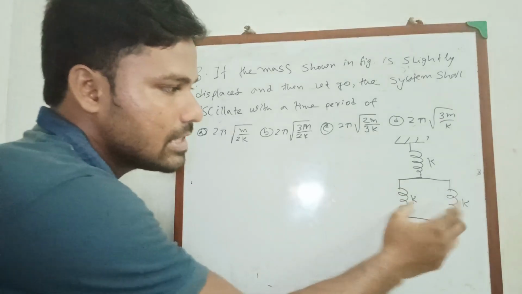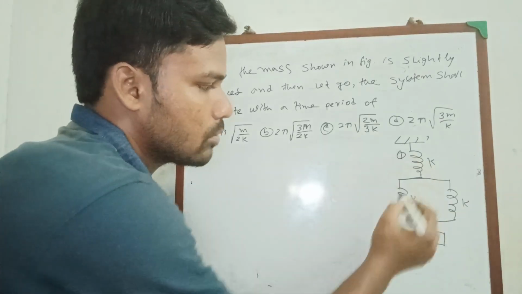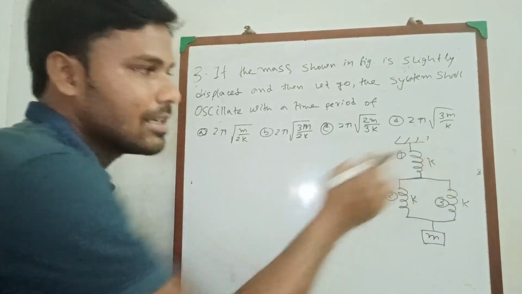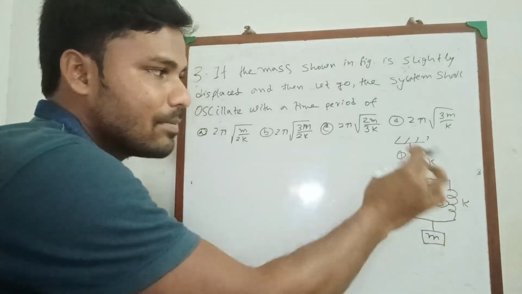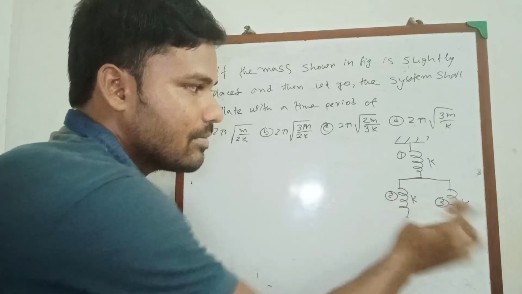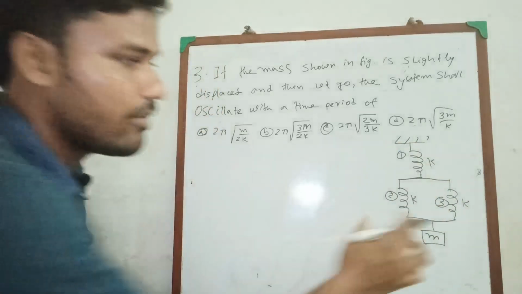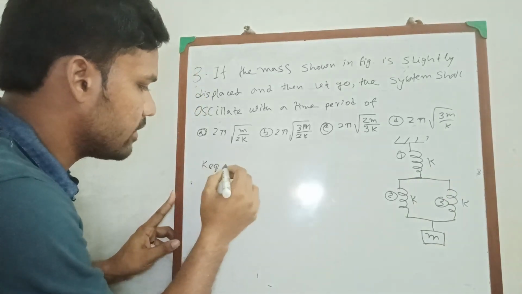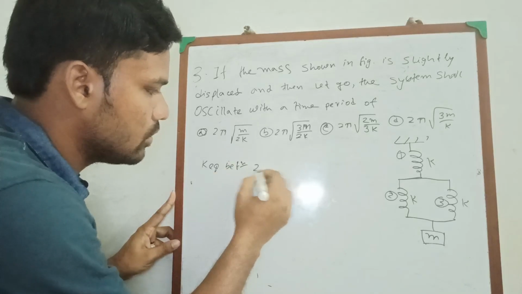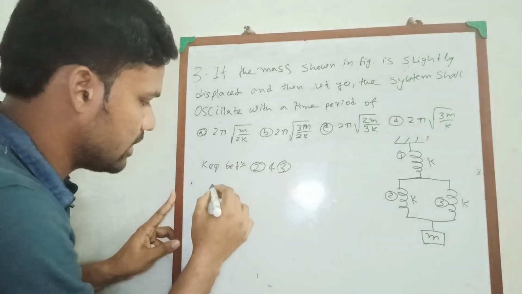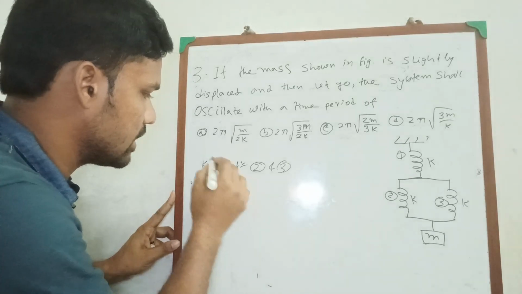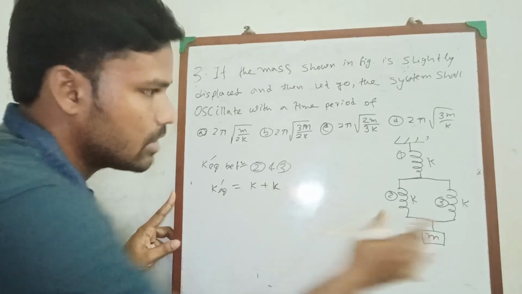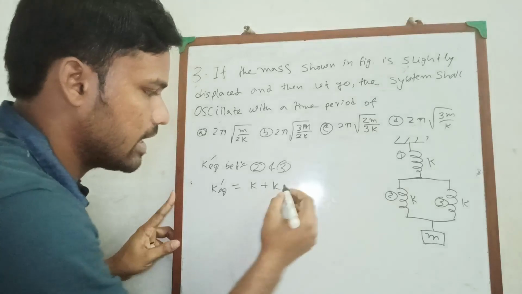Suppose these springs are 1, 2 and 3. Springs 2 and 3 are in parallel, and spring 1 and this system are in series. So first calculate the equivalent of 2 and 3, call it k equivalent dash, which equals k plus k, because both are in parallel, that is 2k.